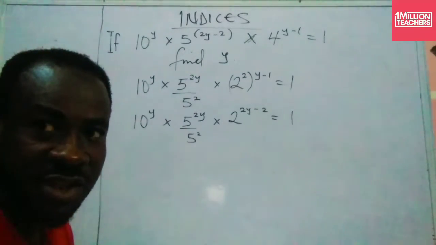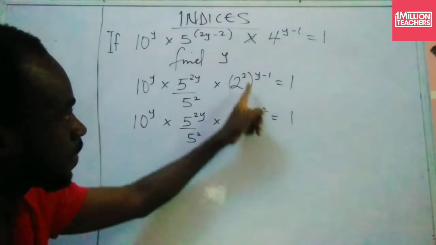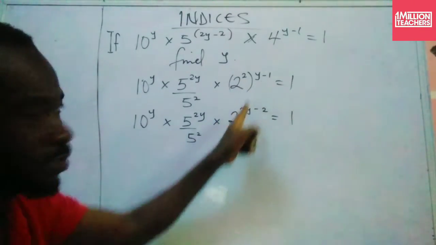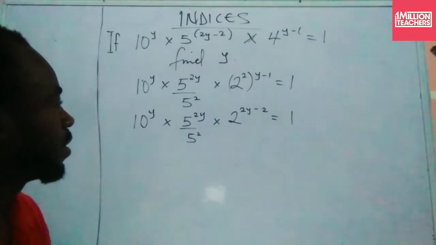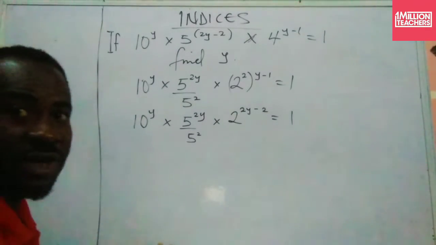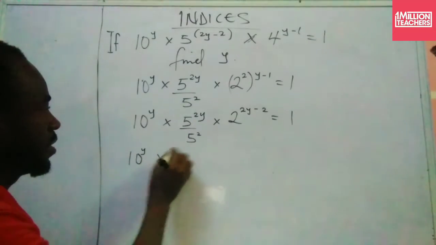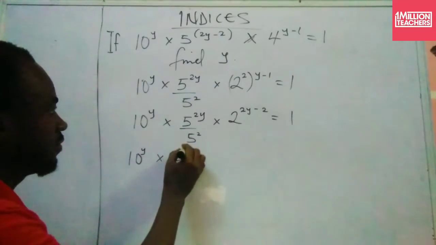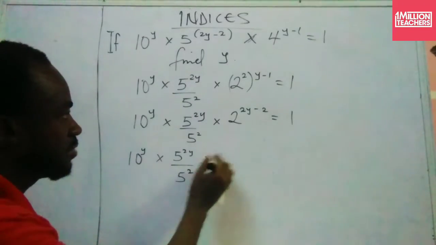So what I did here is that I applied the power law: 2 times y, 2y, 2 times minus 1, minus 2. Okay. So the next thing I'm going to do is write this as 10 raised to the power of y times 5 raised to the power of 2y all over 5 raised to the power of 2 times.